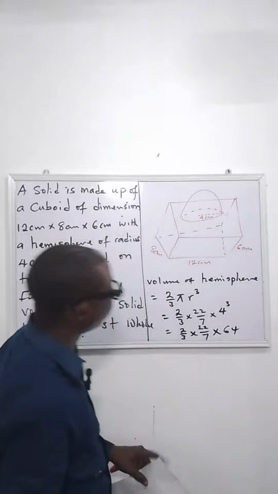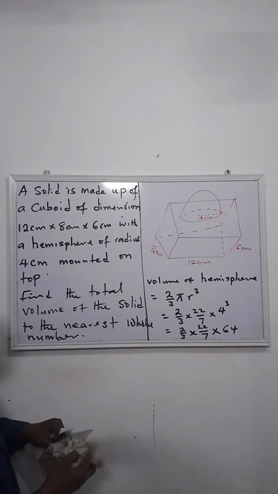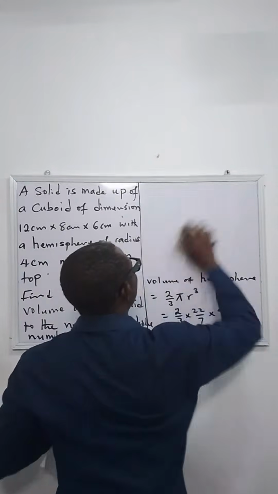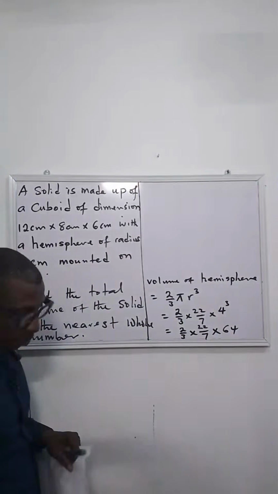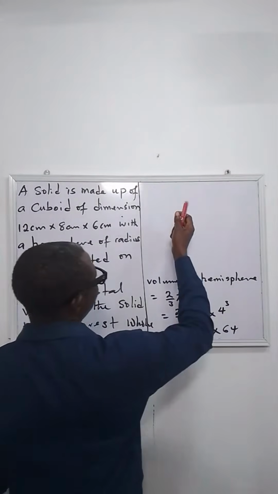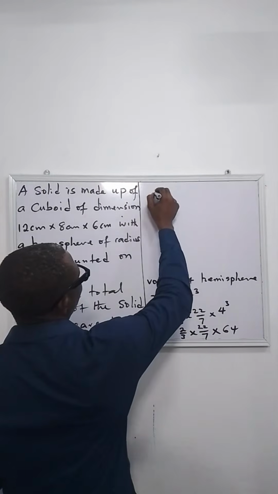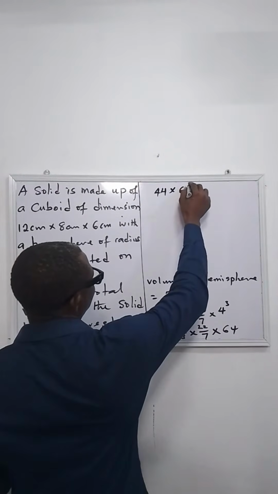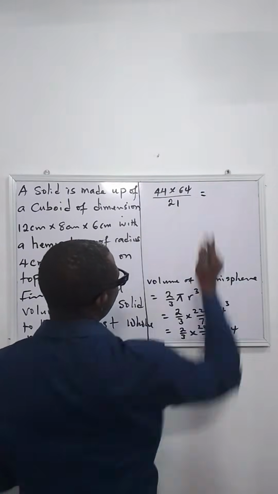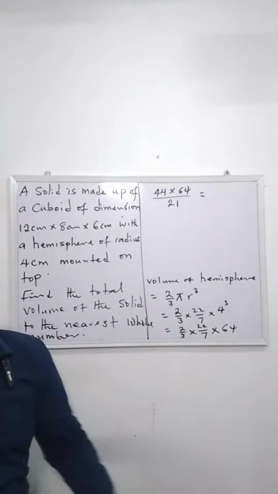Okay, so what do we have when we do the multiplication? What do we have? That is the same thing as 2 times 22, that's 44 times 64 over 21. So if you do that, what do you have when you multiply together? So let's do that together.